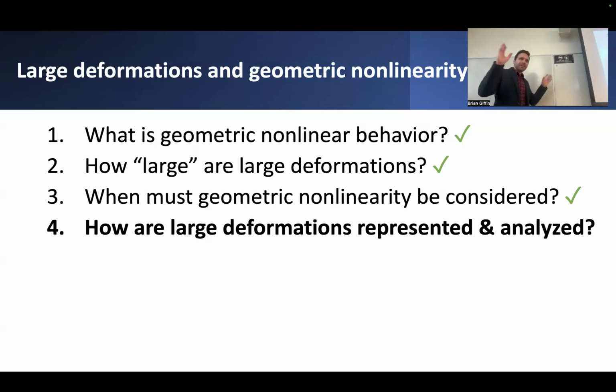It'll be with a focus on a few particular examples to give you a sense of how these complex representations for nonlinear strain displacement responses lead to nonlinear force displacement relationships, and how we go about solving this in the context of a few representative examples.